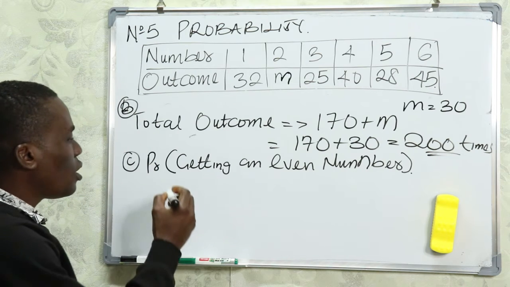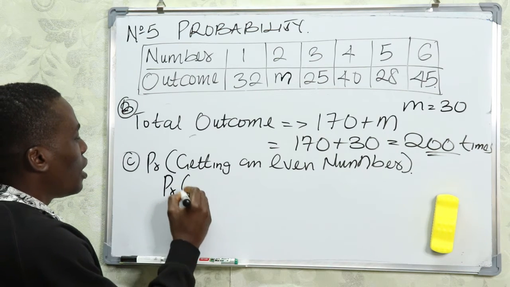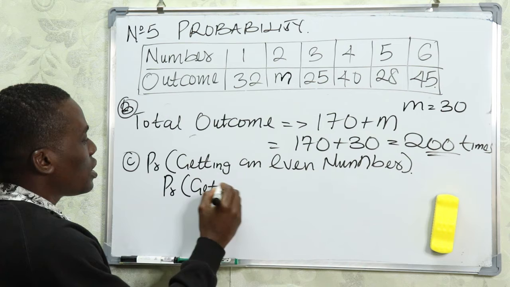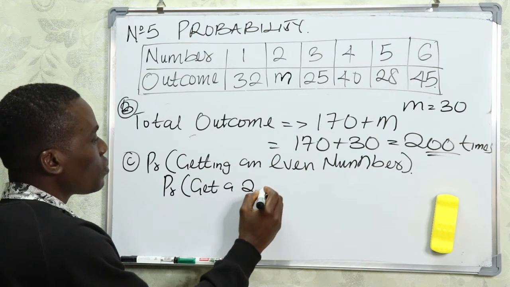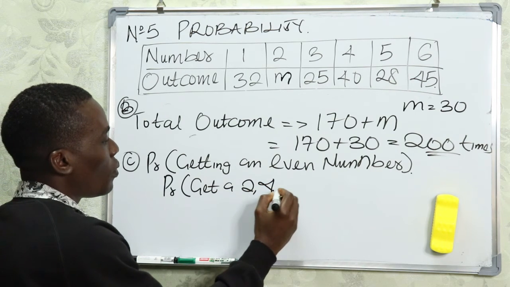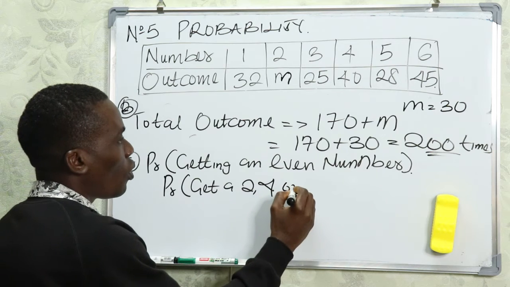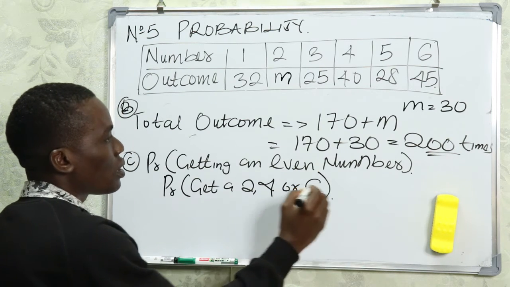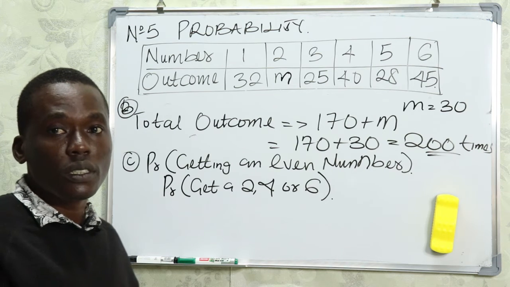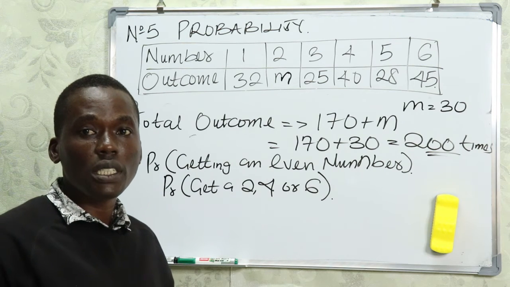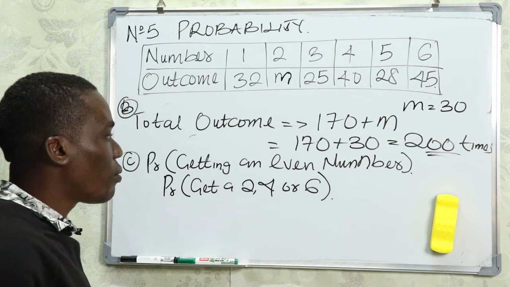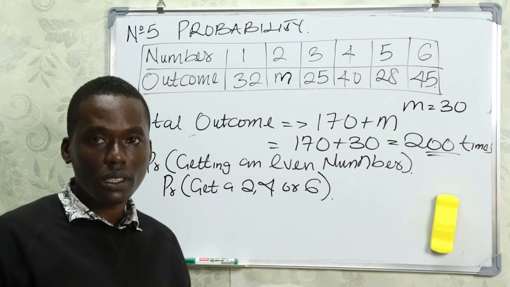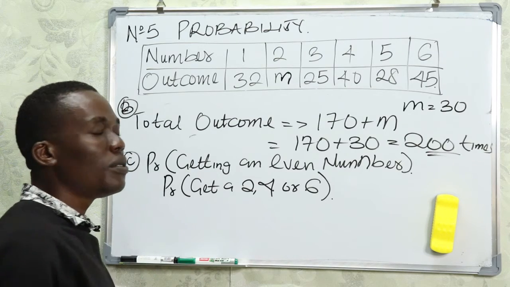So the probability of getting an even number is the probability of getting a 2, a 4, or a what? Or a 6. So you see, is the probability of getting a 2, a 4, or a 6. All these are the even number.